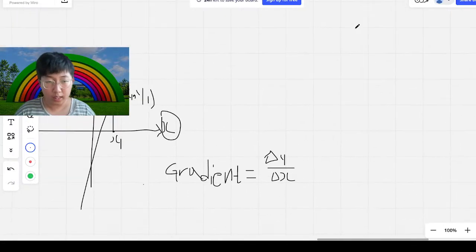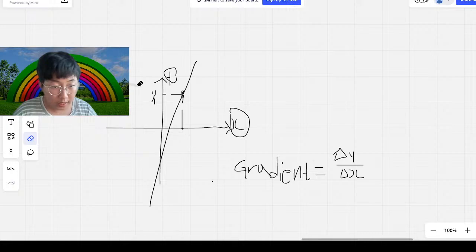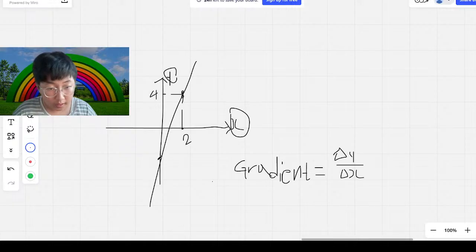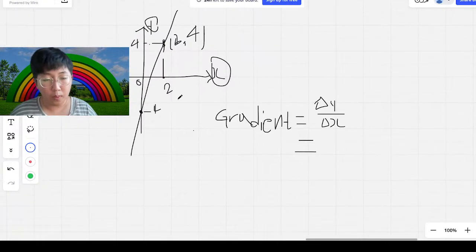So let's take an actual example, and let's say we use this line here, and let's say the points here were 2 comma 4, as we have talked about before, because of the x coordinate, y coordinate.